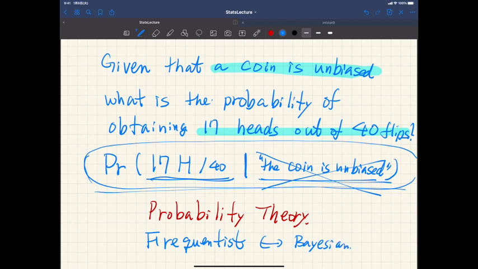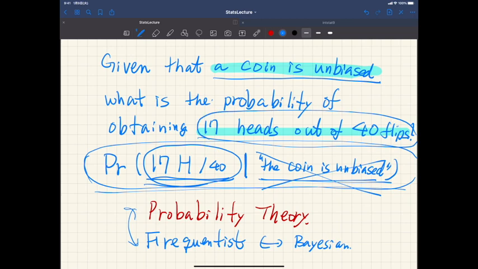But you should notice the subtle difference between probability theory and frequentist statistics. In probability theory, we do know that the coin is unbiased. That's the given information. On the other hand, in frequentist statistics, we don't know if the coin is unbiased or not, but we hypothesize that the coin is unbiased, and based on that, we calculate the probability of observing a particular result.